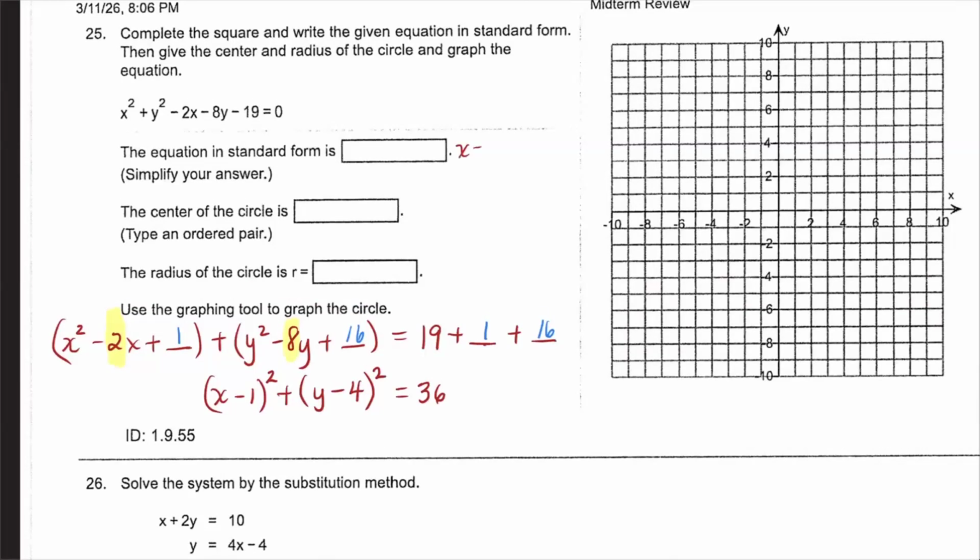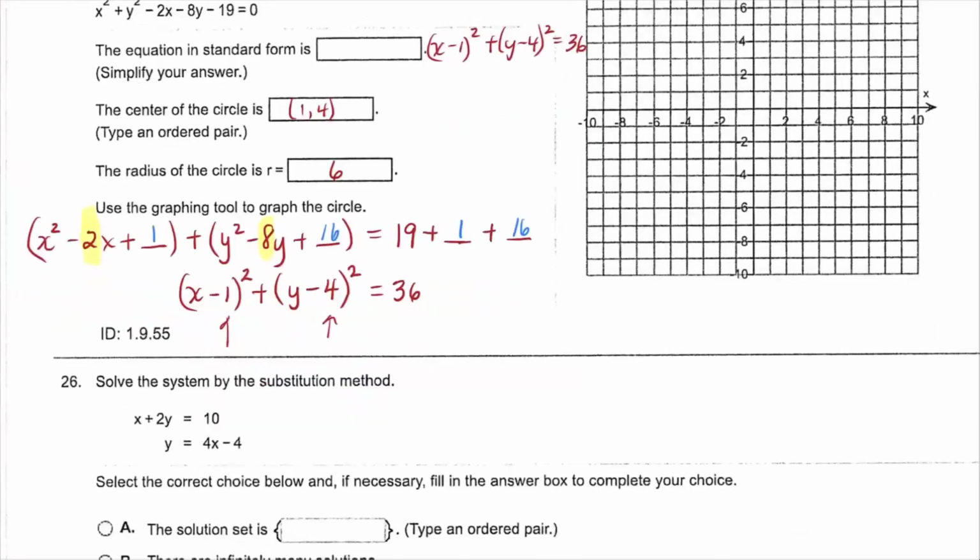The center of the circle is 1, 4, that point, 1 comma 4. The radius is not 36, it's the square root of 36, or just 6. You can't tell what the center and radius are when it's in general form, but you can tell what they are when it's in standard form.